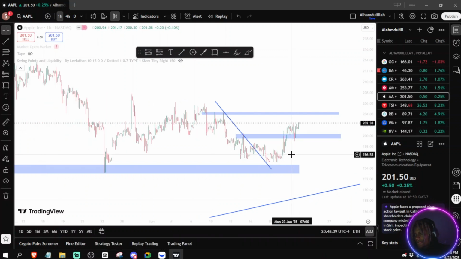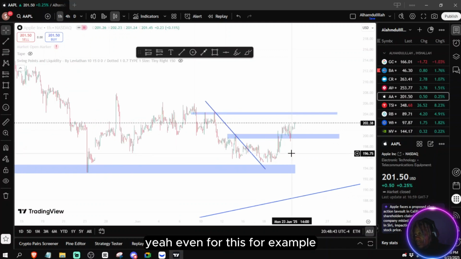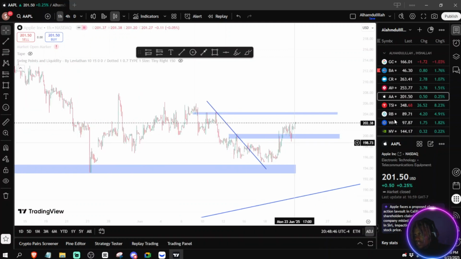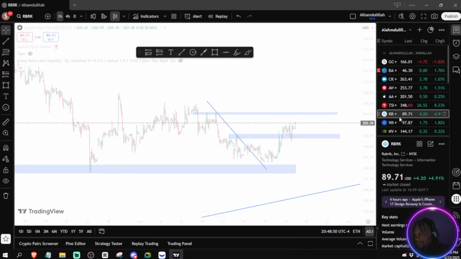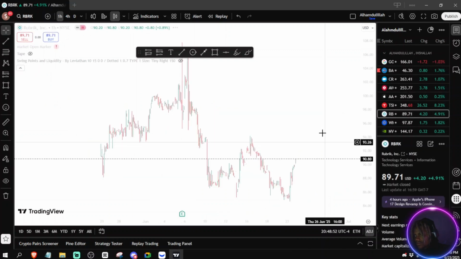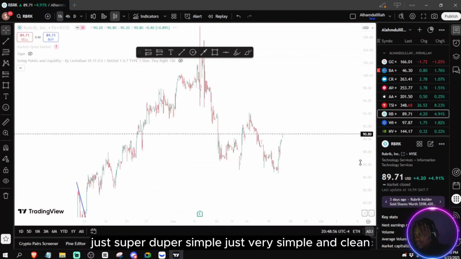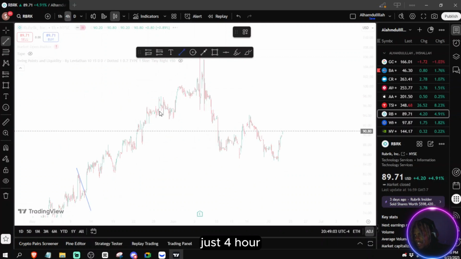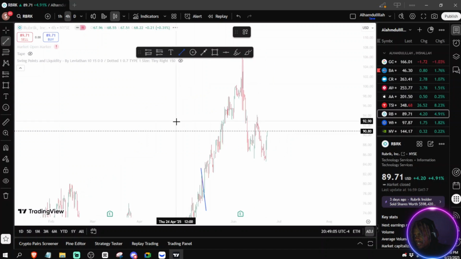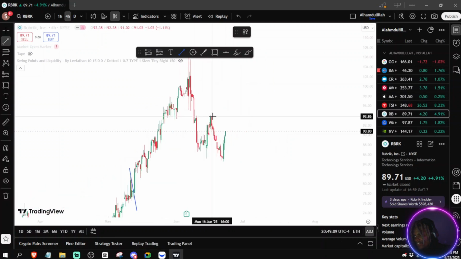So yeah, even for this, for example, check out this RBBRK. So you look at this bullish setup here, just super simple and clean, just a 4 hour simple gap fill play happening right here.